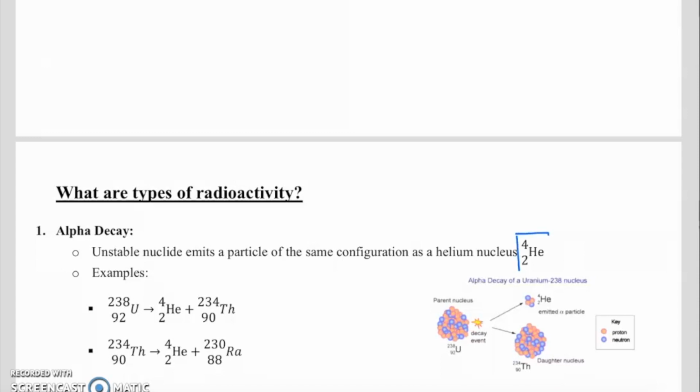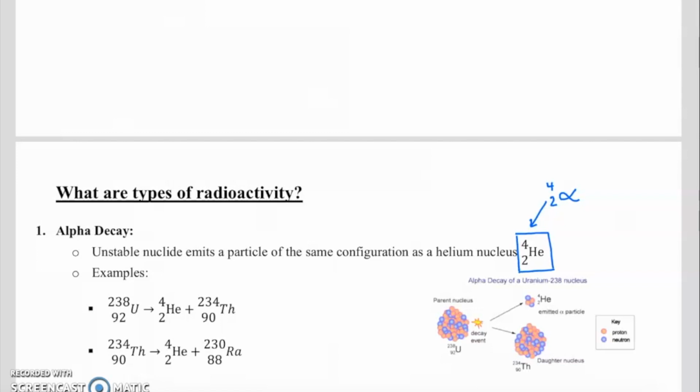This guy over here, helium-4-2. We often refer to helium-4-2 as an alpha particle. That's why this is called alpha decay. You can write alpha, which would imply that there is a 4-2 configuration. Again, alpha is just a fancy name for the same thing as helium-4-2.